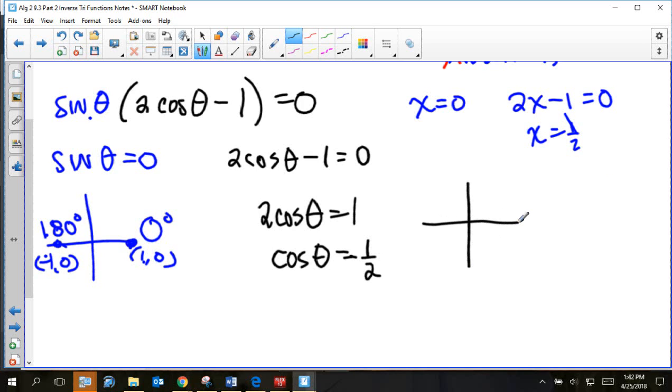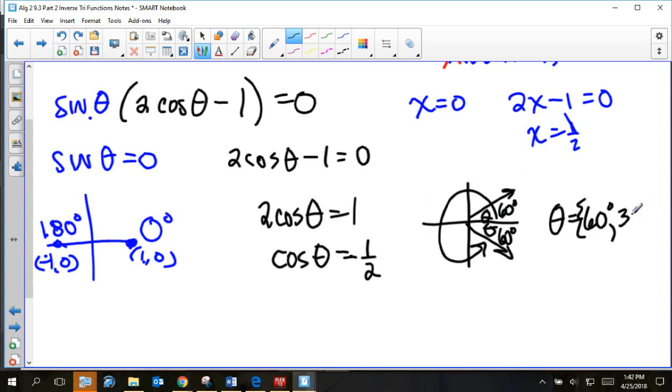Right, first quadrant and fourth quadrant. What is the reference angle? Where is cosine half? 60 degrees. Those are the reference angles. How do we find the real angles? The first one would be 60 degrees. What's the second one? 300.